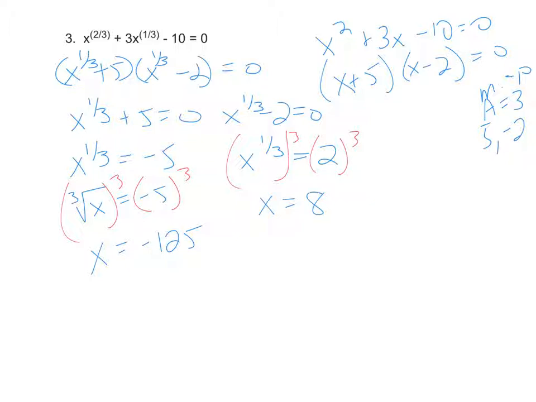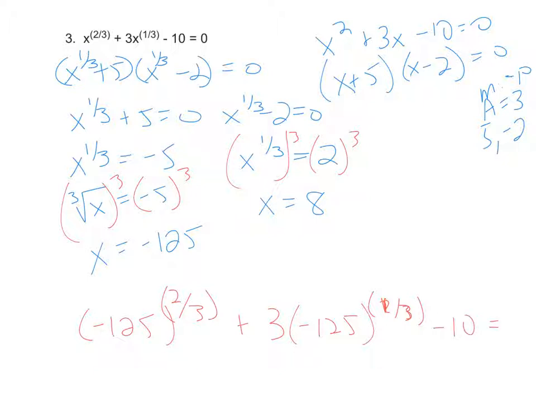In order to go back and check this one, it's a little bit harder, but let's do the negative 125 to the 2/3. And on your calculator, make sure you put parentheses there. To the 2/3, or 1/3, sorry. And then minus 10, and you should get 0.